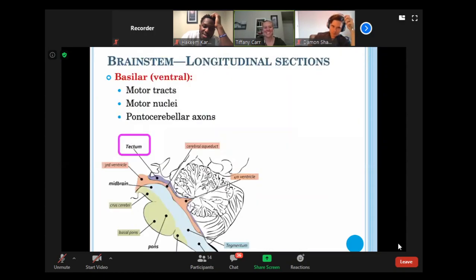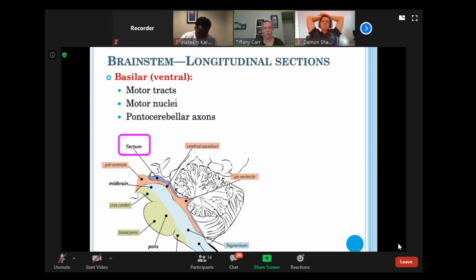All right. So going on from there, we have the brainstem and longitudinal sections. So kind of important aspects to be aware of. In the midbrain, you have the tectum as the posterior portion. Being aware of the fourth ventricle, third ventricle, all of this is in here.